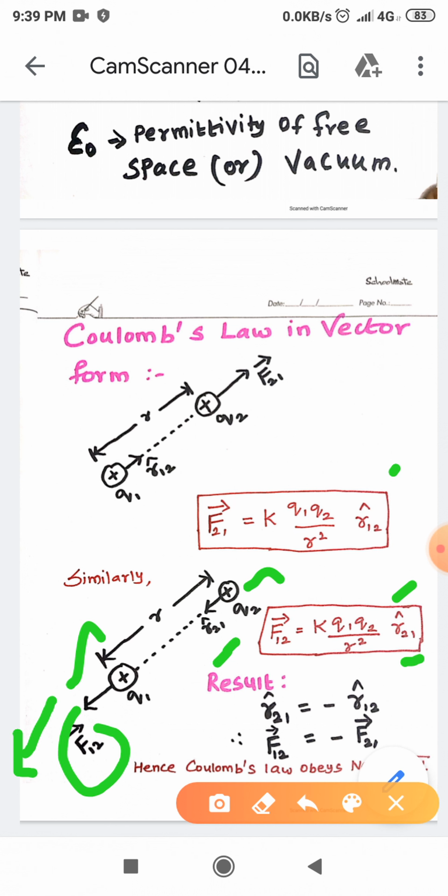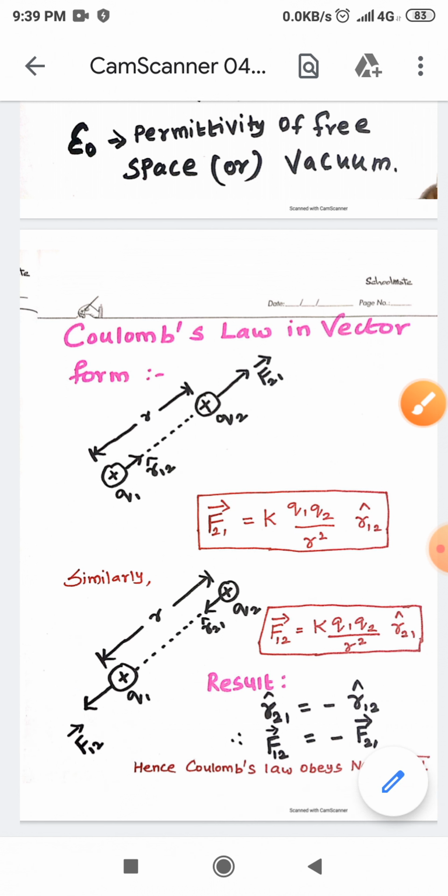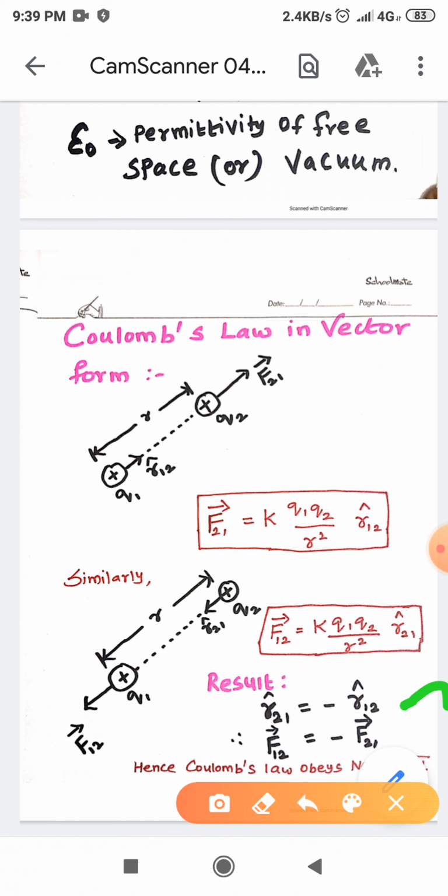From these two cases, I would like to say the result: r21 cap is equal to minus r12 cap, because both unit vectors are in opposite directions, so we have to include a minus sign.